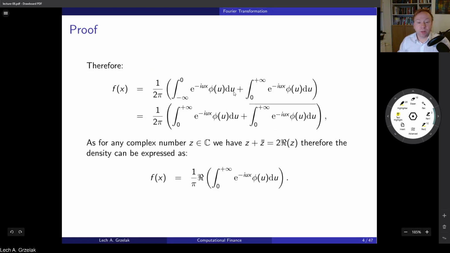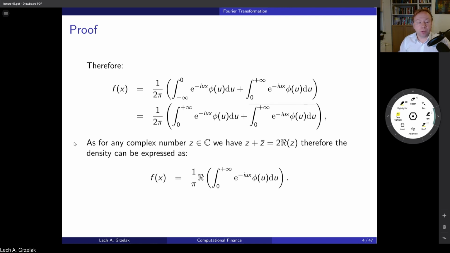The second step is to put things together. This is just a repetition of what we have seen before, and now we have 1 over 2 pi and exactly the same integrals. However, the right-hand side integral is a conjugate.